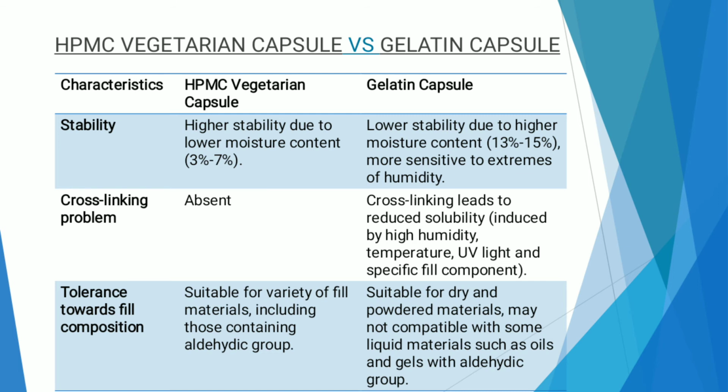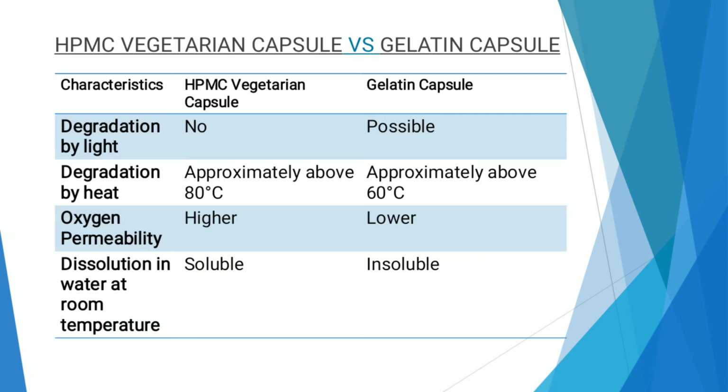Then tolerance towards fill composition, so HPMC is suitable for a variety of fill materials including those containing aldehyde groups, whereas gelatin capsules are suitable for dry and powder material, and may not be compatible with some liquid materials such as oils and gels with aldehyde groups.